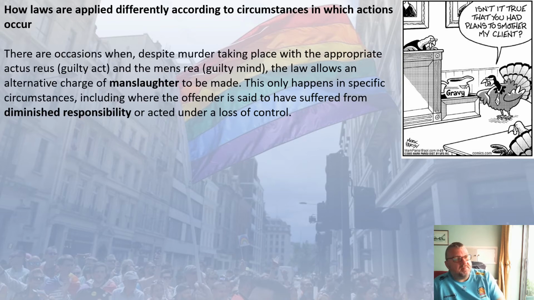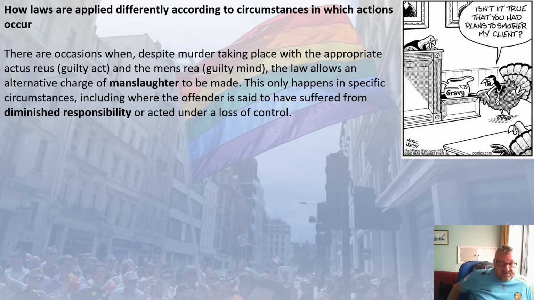So not only is there the age of criminal responsibility, but there are some examples where circumstances might change how the law is applied, and this particularly refers to murder. There are occasions where, despite murder taking place with the appropriate, remember those technical terms, actus reus, guilty act, and the mens rea, guilty mind, the law does allow the alternative charge of manslaughter to be made.